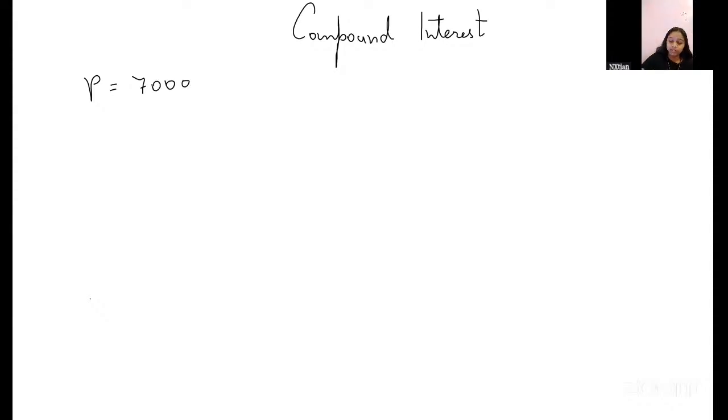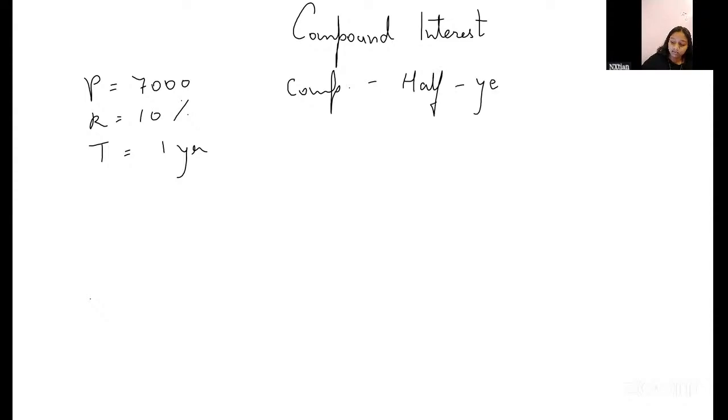Rate we have 10%. Time we have 1 year. Compounded half yearly. So first we calculate the amount, A.